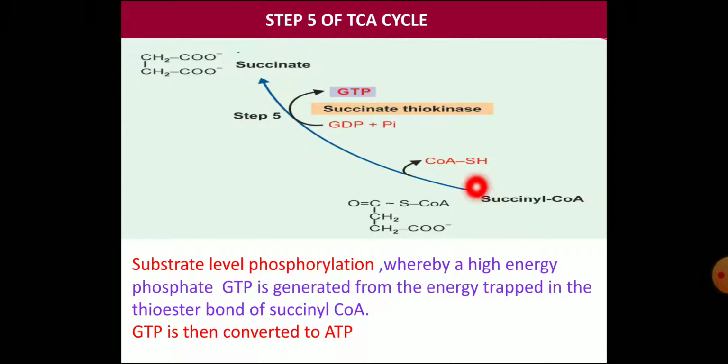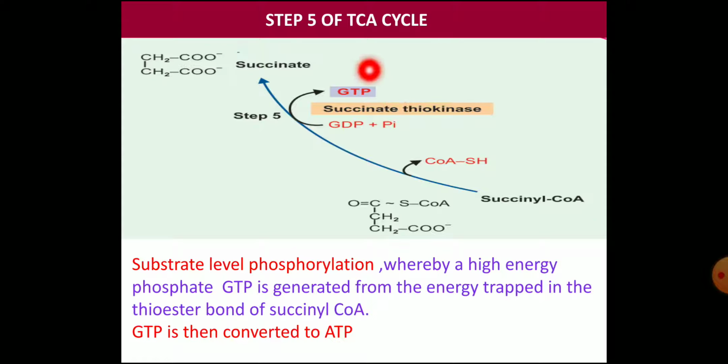So here, without going to the complicated steps of electron transport chain, this high energy phosphate substance GTP is produced from the metabolic process, that is from the succinyl coenzyme A itself, directly from the substrate. Here there is a thioester bond in the succinyl coenzyme A. So the energy from this thioester bond is released, which is trapped by the GDP and Pi, and it produces a high energy compound GTP.